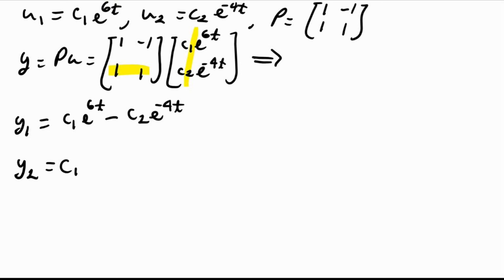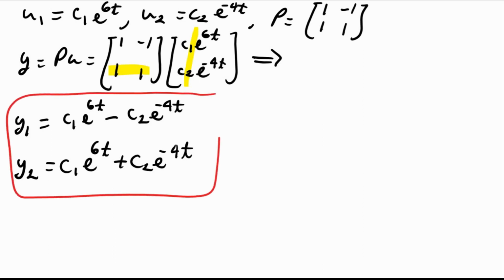So that's c sub 1 times e to the 6t, and that's plus c sub 2 times e to the negative 4t.